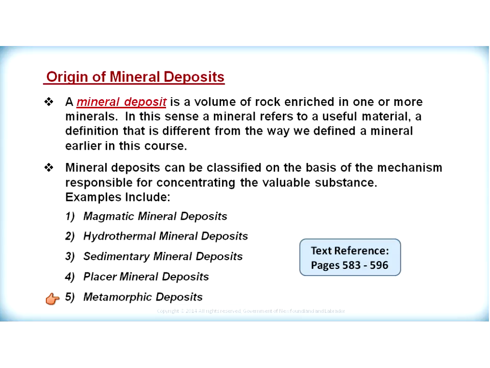We will now look at these different types of mineral deposits in detail. References on mineral deposits can be found in your textbook, starting on page 583 and continuing to page 596.